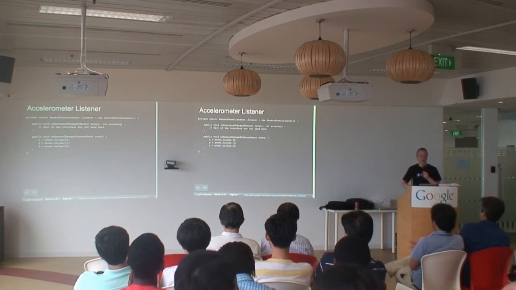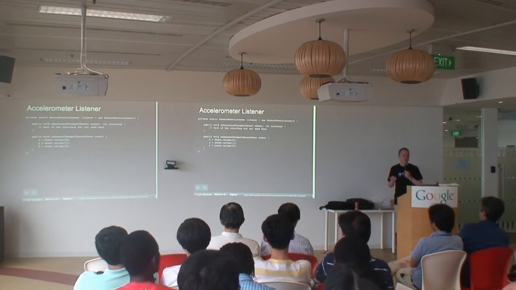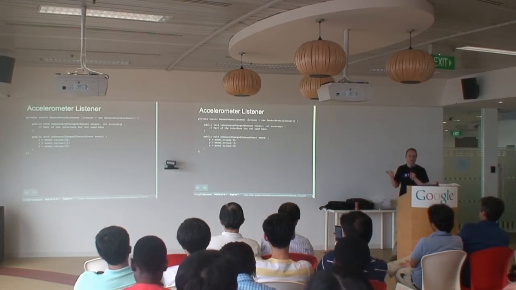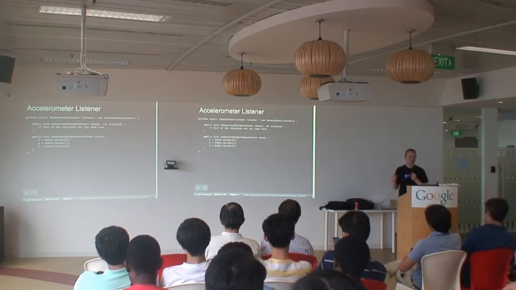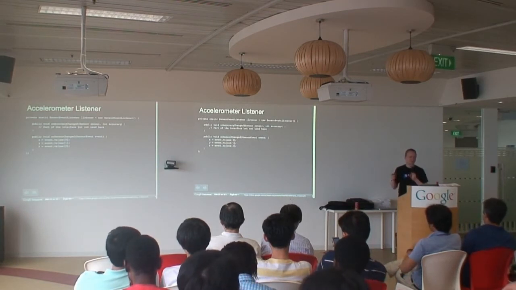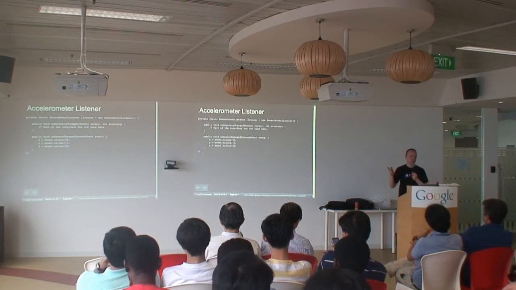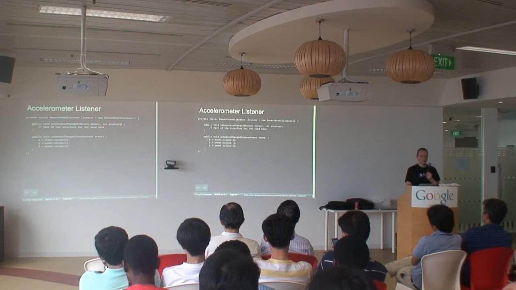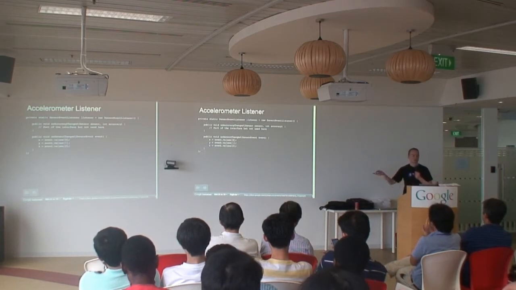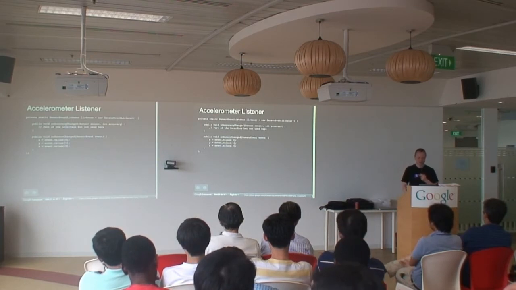Then they have on sensor changed, where you get three values. It's the force in each direction, or actually the acceleration in each direction, x, y, and z. So then we can just add simple getters to this class to receive these values, like we wanted to start with.